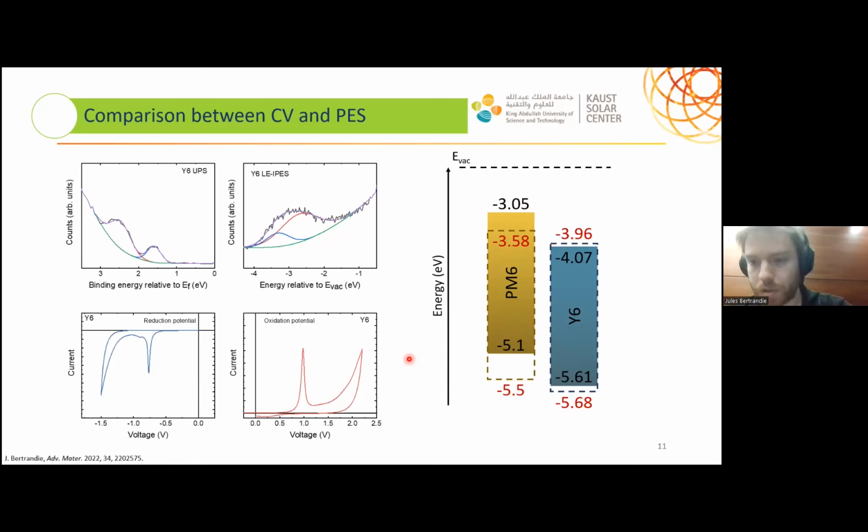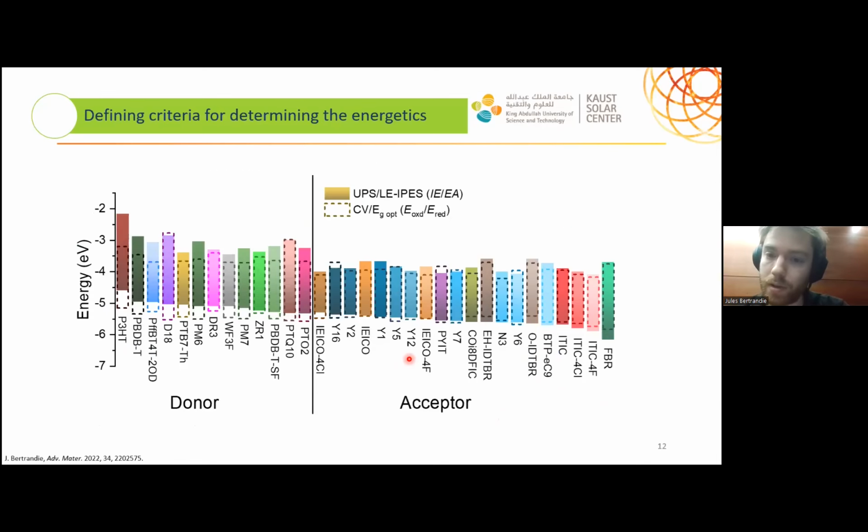So in order to study this a bit more, we decided to do this for more materials. We did it for 33 materials, 21 acceptors and 12 donors. The plain squares are PES and the dash squares are from CV. And you can see that it was not only the case for PM6 and Y6, it's actually for all the materials that we measured.